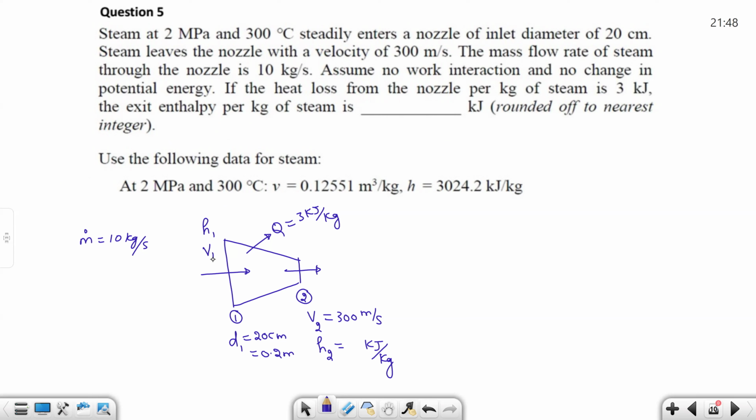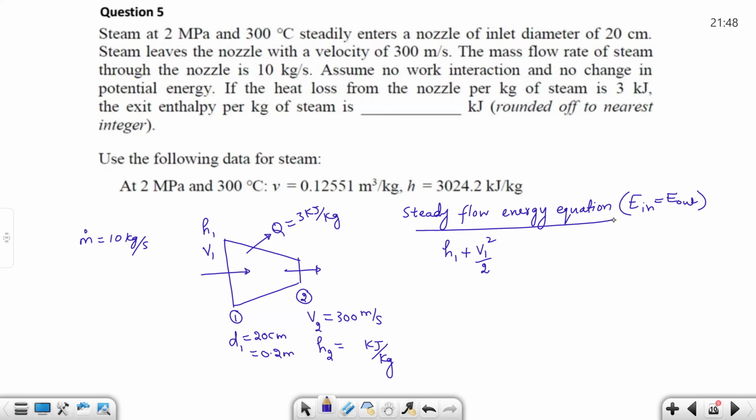Now apply the steady flow energy equation: enthalpy, kinetic energy, with potential energy being 0. Energy in equals energy out. This is your steady flow energy equation.